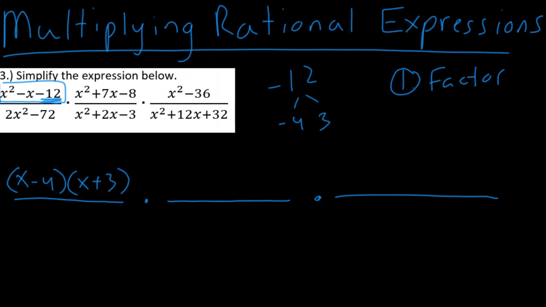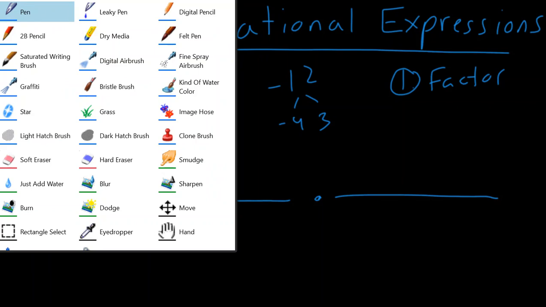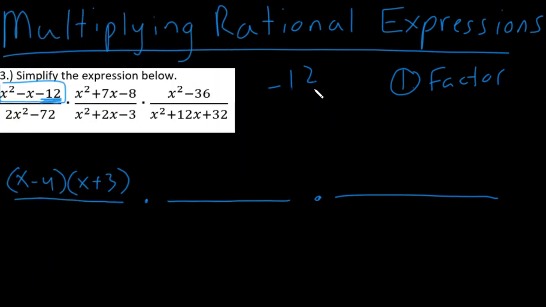Okay, now this next part's going to be a little bit tricky. I'll go ahead and erase that, and let's switch to a different color. We're now going to take a look at the bottom here. We have this 2x squared minus 72. We have a leading term of 2, so we want to factor out that 2. If I divide both of these by 2 and factor it out to the front, what will I have left over?